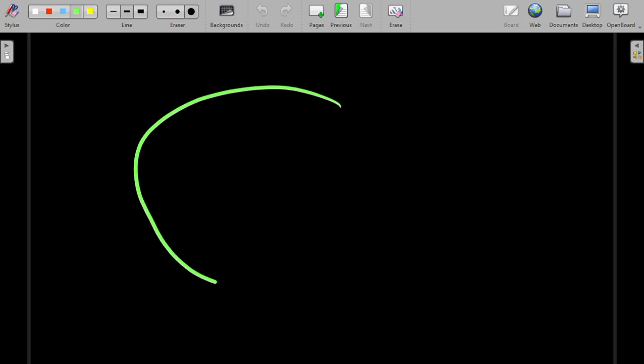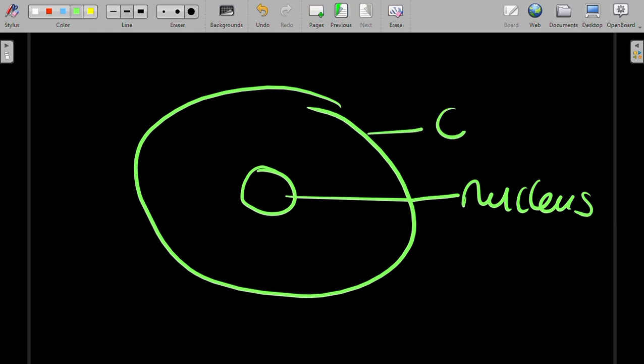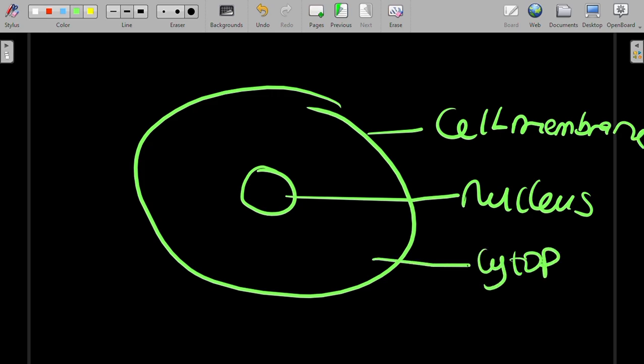This is called the nucleus, this is called the cell membrane, and this is called the cytoplasm of the cell. I'm introducing you to this because I want to differentiate cytoplasm from nucleoplasm and from cytosol. So this is our basic cell.